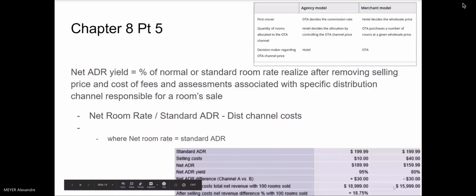That goes to show that you want to try to maximize net ADR yield, and so you want to try to avoid the very expensive distribution channels because, if you use cheaper ones, you end up making more revenue in the long run, right? Ideally you don't want to pay a high commission because that's a lot of money wasted, and hopefully you want to save the money you can there.